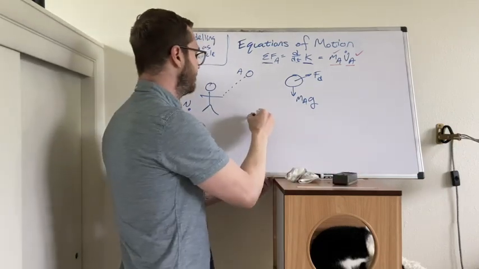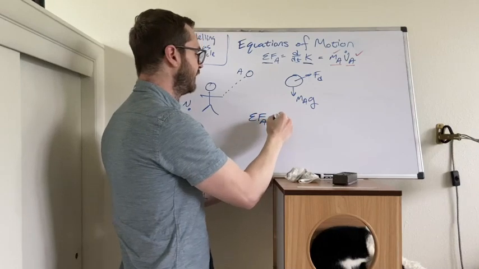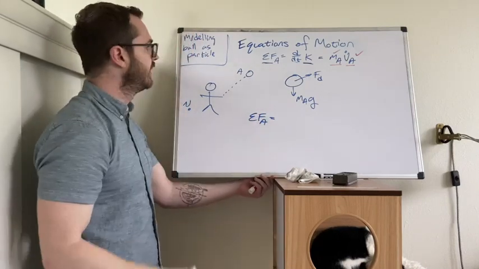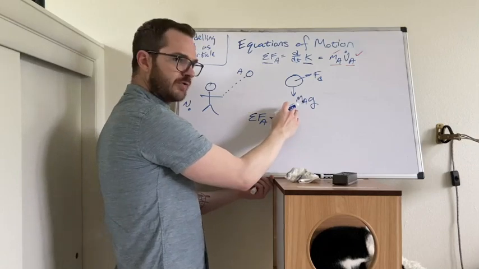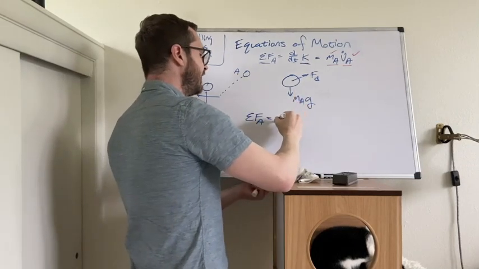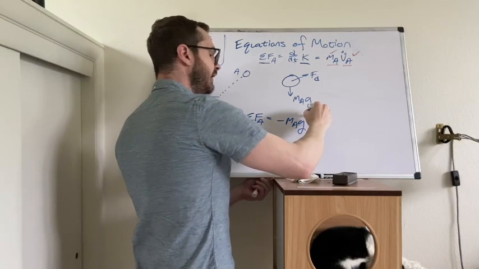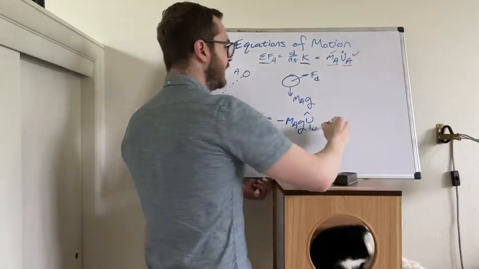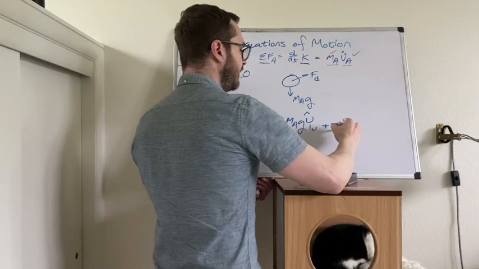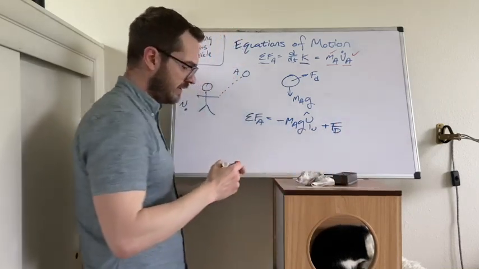Well, next we just need to write an equation for the sum of forces. Now, we know the direction of MAG. We know that this is minus MAG in the y hat n direction, and I'm going to say plus FD.